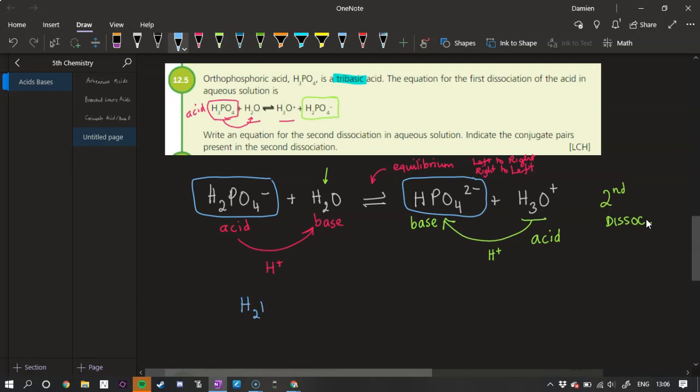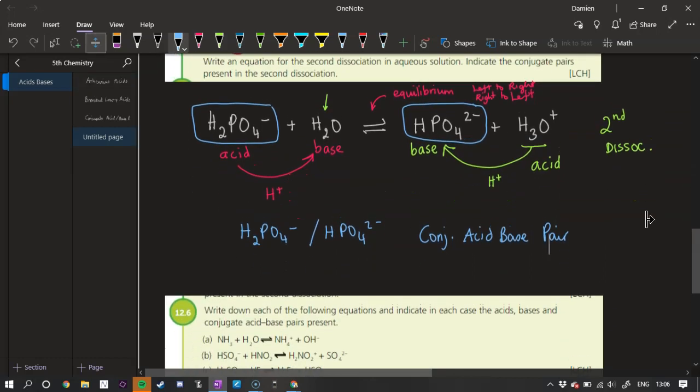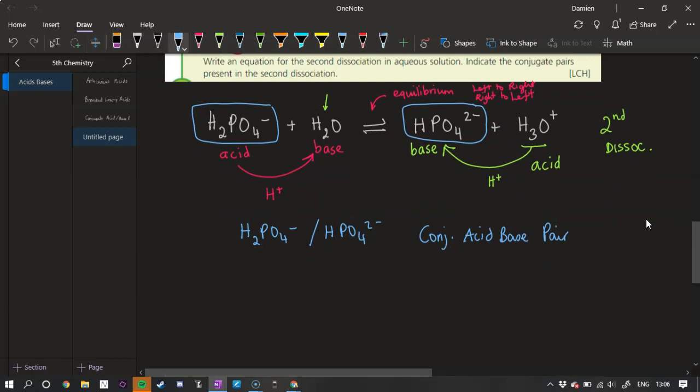So it's H2PO4 negative and HPO4 dinegative is a conjugate acid-base pair. The same thing applies for the other two. You can also say that H2O and H3O positive is also a conjugate acid-base pair.